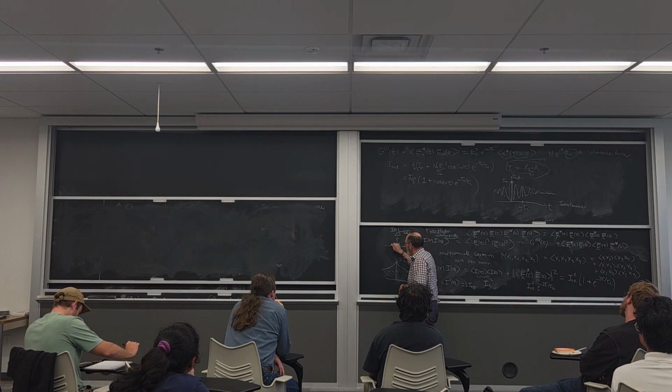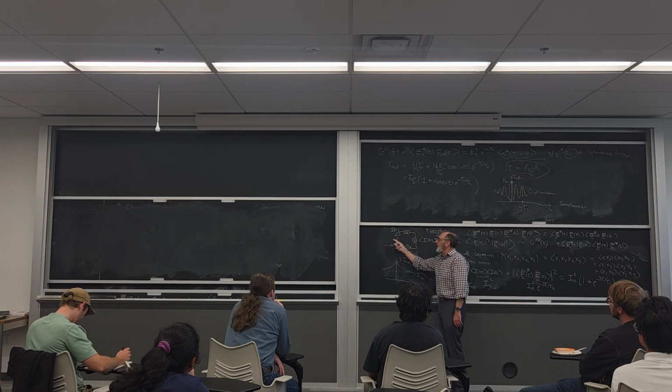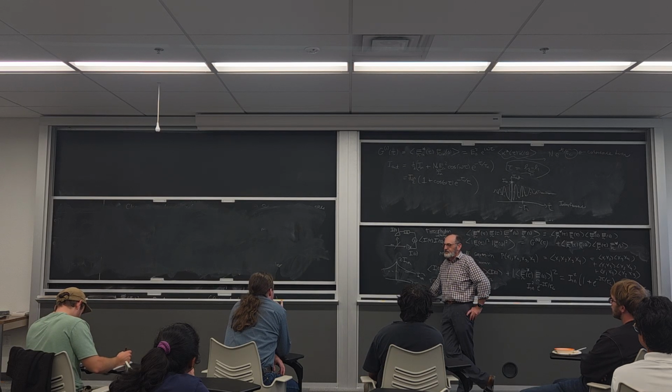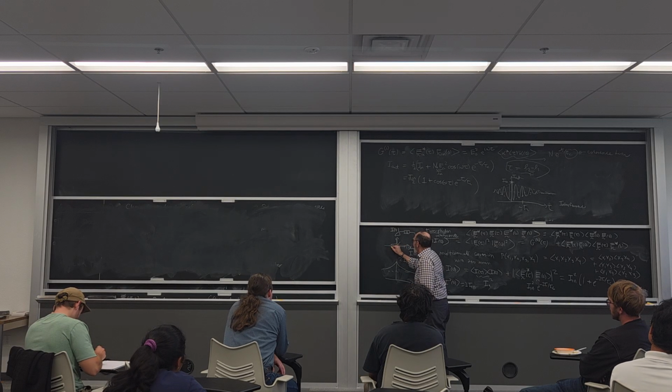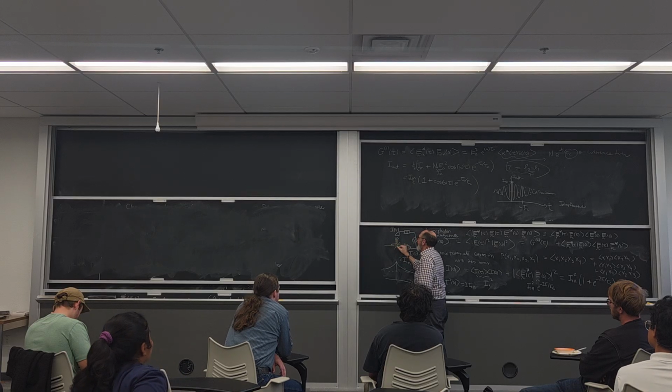I have these two photons. One of them is going to end up here and one of them is going to end up here. Exactly. Either this guy goes this way and that guy goes that way, or this guy goes that way and that guy goes this way.